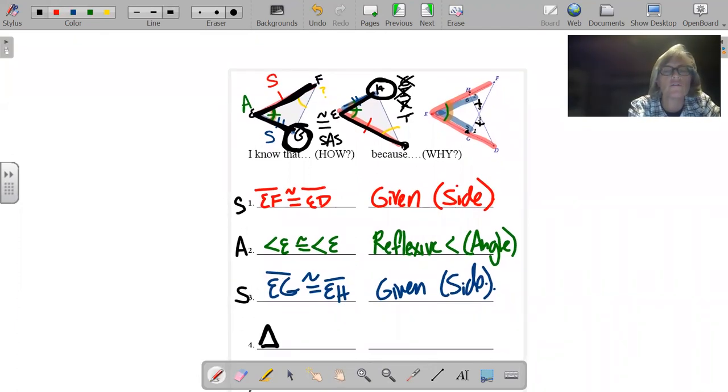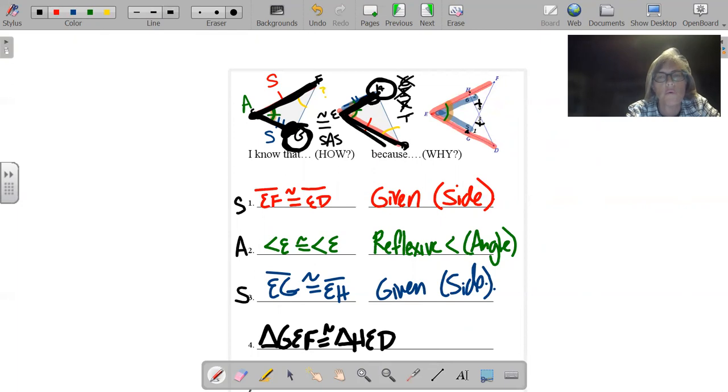So triangle GEF is congruent to triangle HED. Get your classmates to physically trace that so they can see I'm going short, point, long, short, point, long, so that they actually match.